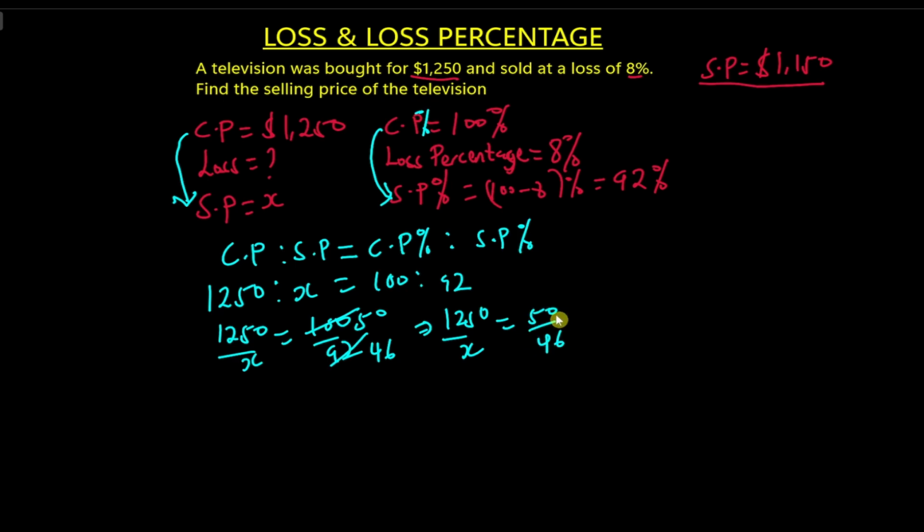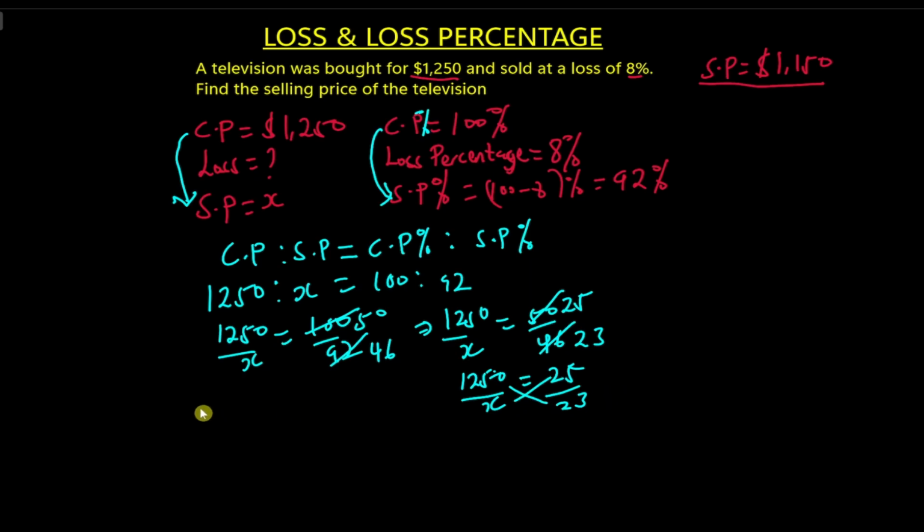And we can still reduce this one. 2 goes into 50 25 times and into 46 23 times. So we have 1250 over x equals 25 over 23. Now we can do the cross multiplication. So the x will multiply the 25, and also the 23 will multiply the 1250.